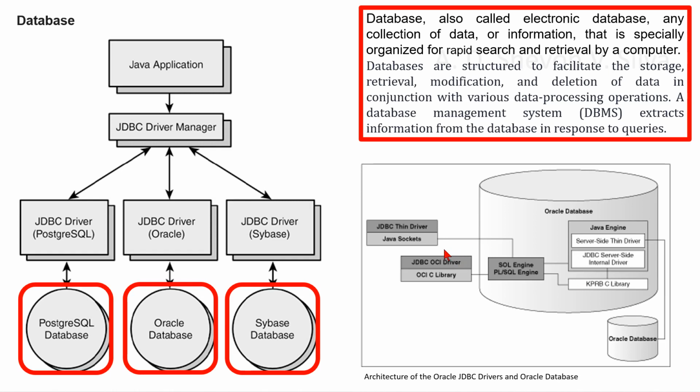JDBC Thin Driver. The JDBC Thin Driver is a pure Java type 4 driver that can be used in applications and applets. It is platform independent and does not require any additional Oracle software on the client side. The JDBC Thin Driver communicates with the server using SQL*Net to access the Oracle database.